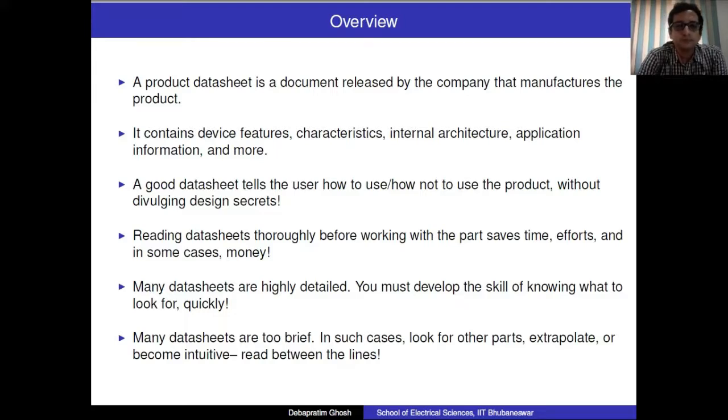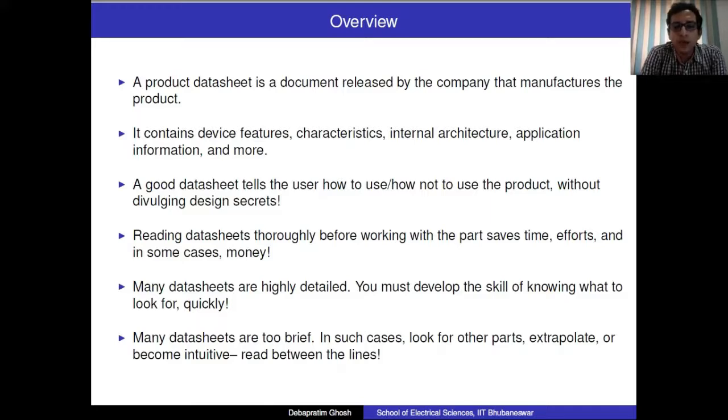Many data sheets, especially for parts which are very complex and big, are very detailed. Data sheets can go as big as 400 pages. But most data sheets you will come across are not 400 pages. They may be as low as 10 pages, or even 2 pages. Many are of the order of 15 to 20 pages.